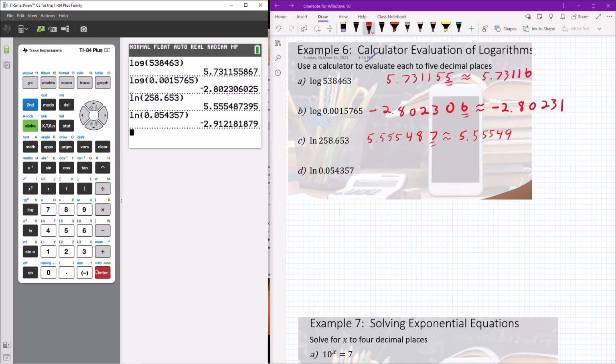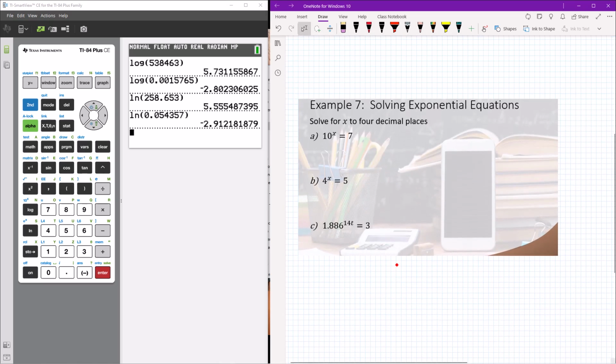And that will give me negative 2.912181. And our sixth decimal place is a 1, which is less than 5, so we don't need to round up or down in this case. And that will be approximately equal to negative 2.91218.